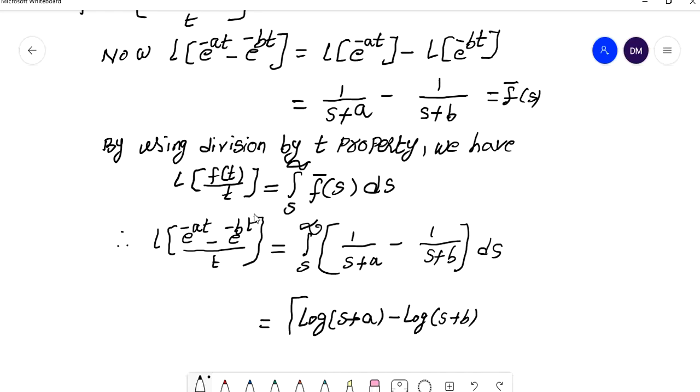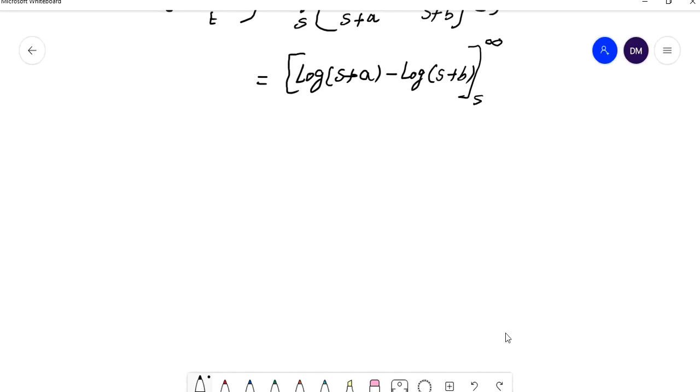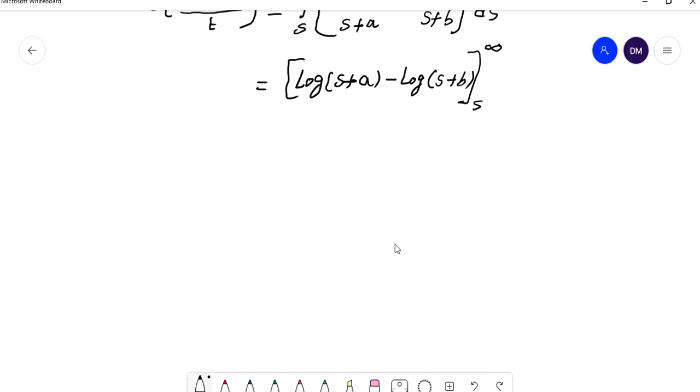The limits are s to infinity. If you substitute the upper limit infinity, you can get an undefined value. So if possible, you can write it in the form of 1 by s, then apply the limits.